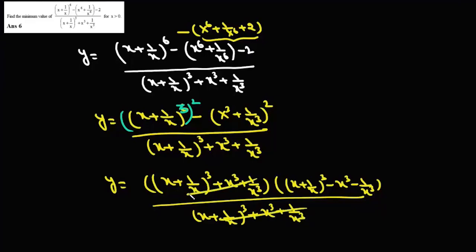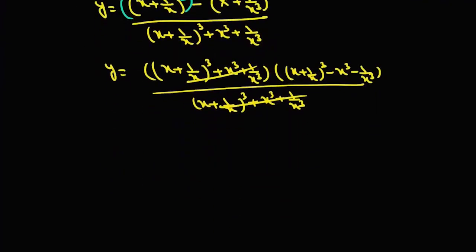Now this expression gets cancelled. So now we can write this as y equals (x plus 1 upon x) whole cube minus x cube minus 1 upon x cube.